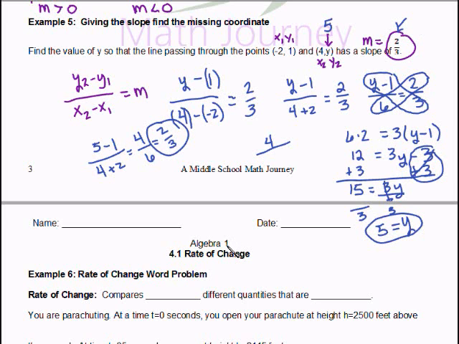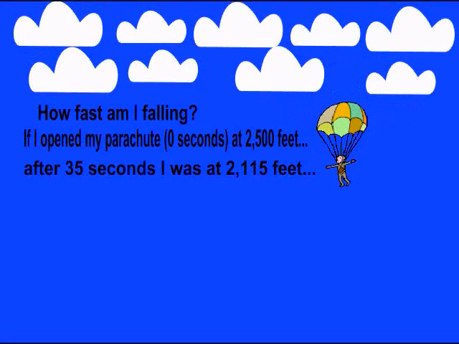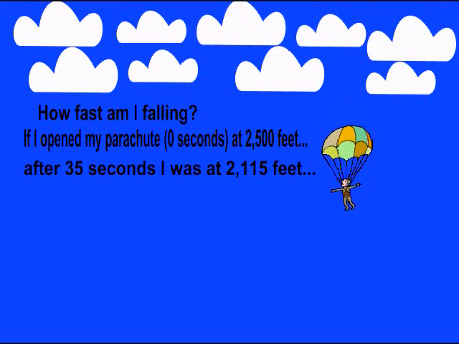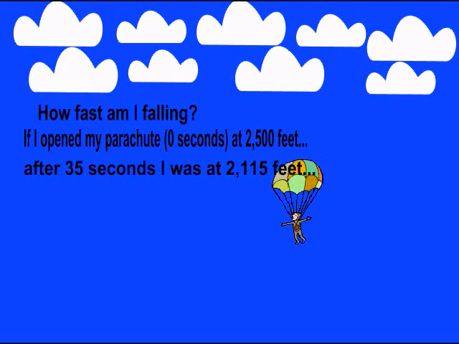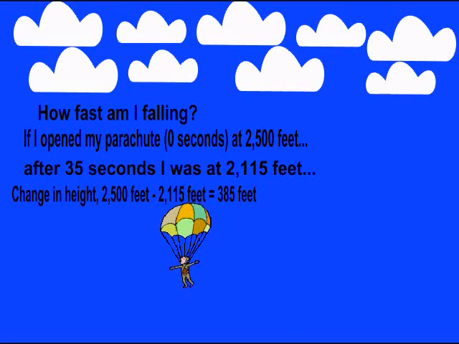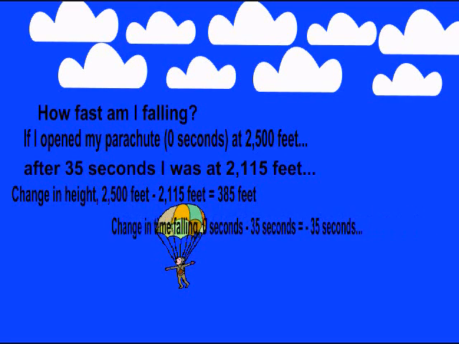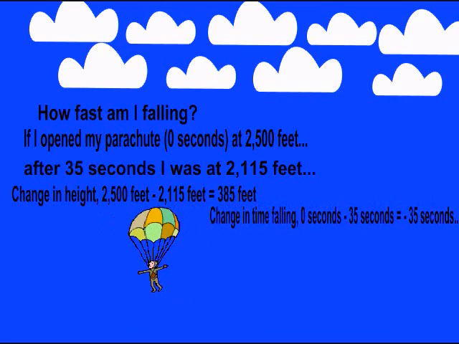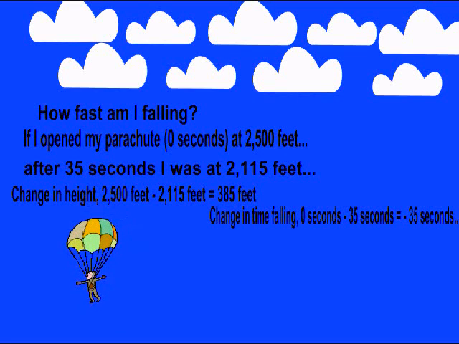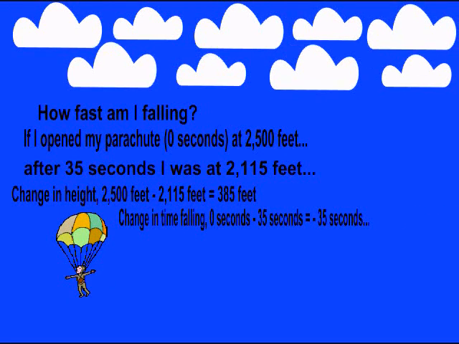Let's go ahead and take a look at some more examples. If I open my parachute at 2,500 feet, after 35 seconds I was at 2,115 feet. You take the change in height, which is 385 feet, and the change in time, which is 35 seconds. Your time is always your x value.